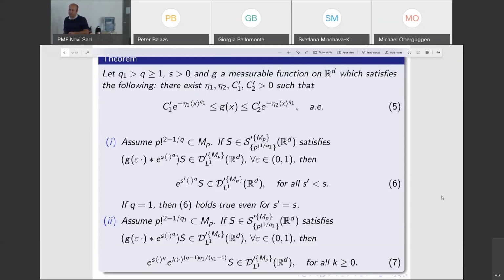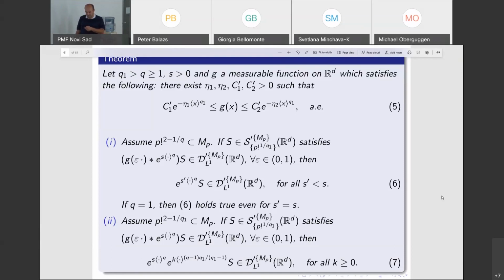If the convolution exists, then on the other hand, S multiplied by a kernel of this type for every S prime less than S is in the D prime L1. For q equals 1, this holds for S prime equals S, no problem at all.